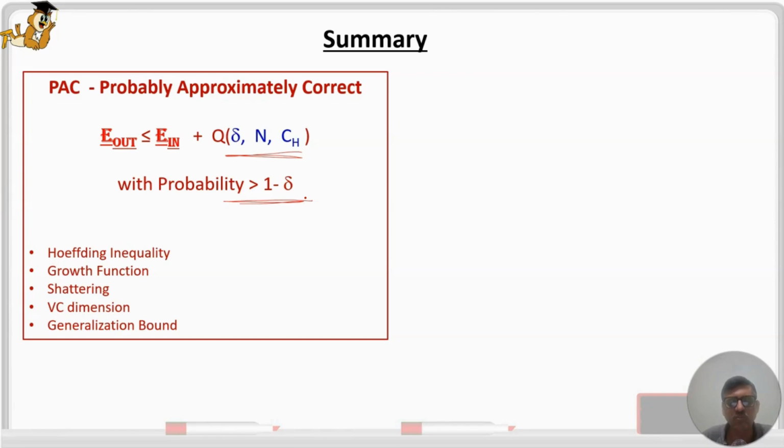We said our journey towards this goal would take us through concepts like the Hoeffding inequality, the growth function, shattering, VC dimension, finally ending with the generalization bound. That is exactly what we have done in the last couple of lectures, including this one.